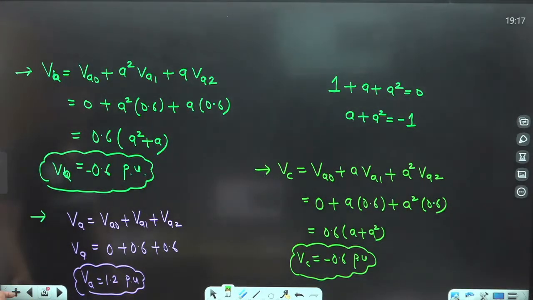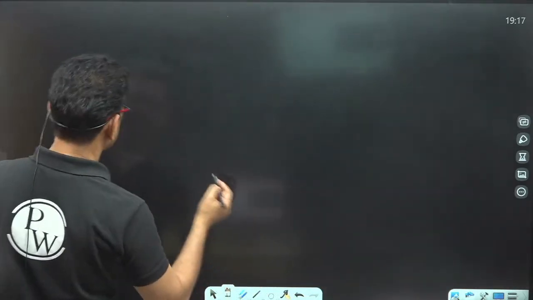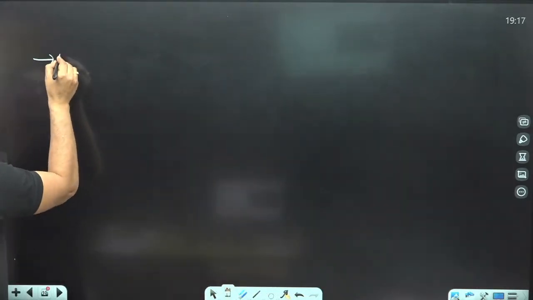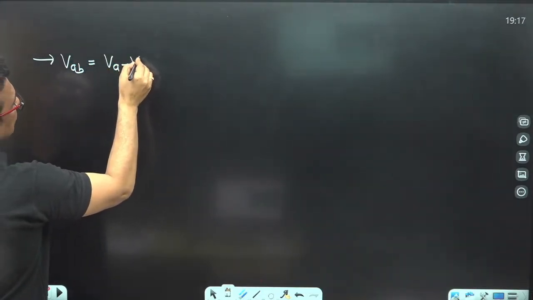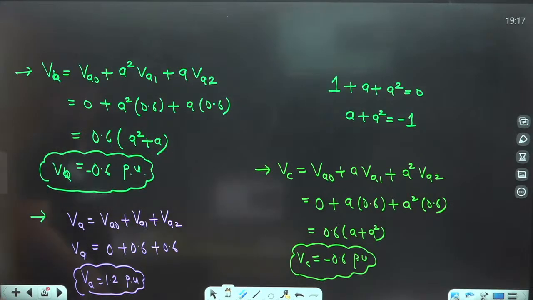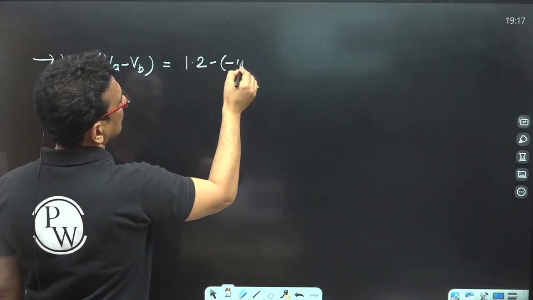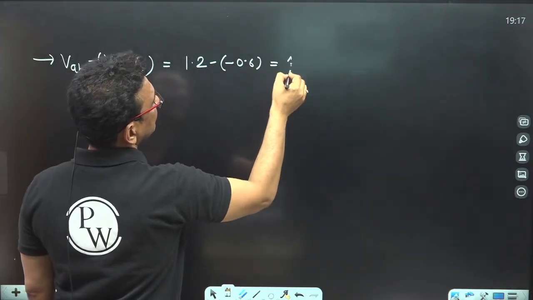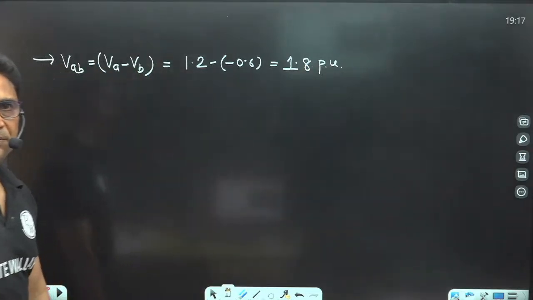So VAB is nothing but VA minus VB, 1.2 minus 0.6. That is 1.8 pu. In terms of pu, it is 1.8 pu.